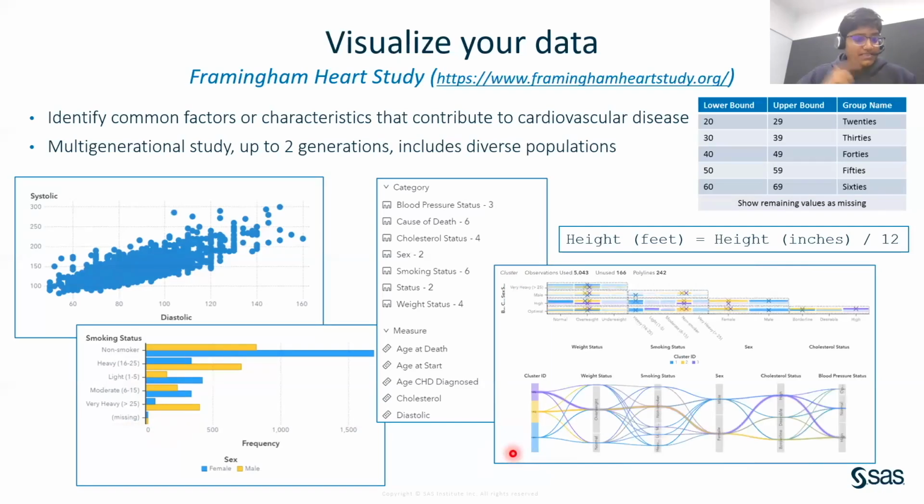Following this, like I said earlier, for some quick, crude analysis in terms of supervised learning or unsupervised learning, you do have certain objects that you could also use in the visual analytics interface itself. So there's an example of a clustering algorithm where you are creating clusters on the basis of the weight status, the smoking status, sex, and the cholesterol status.